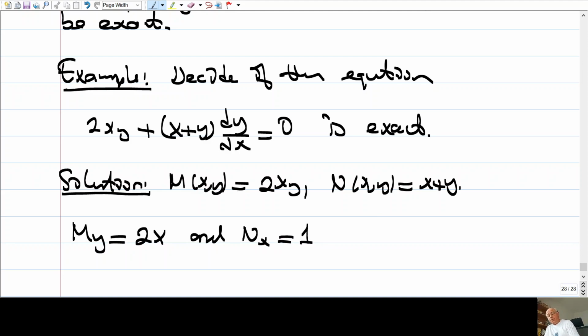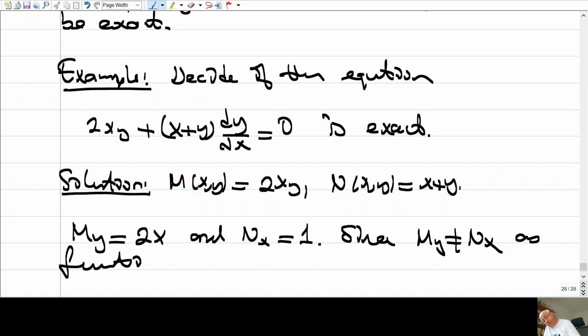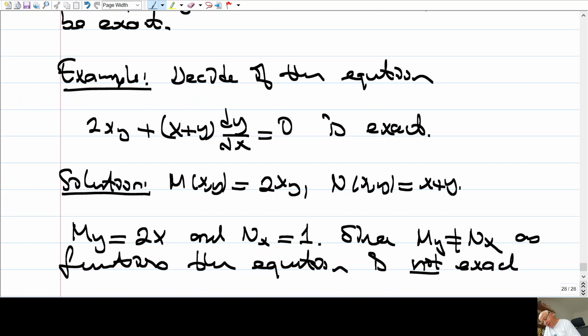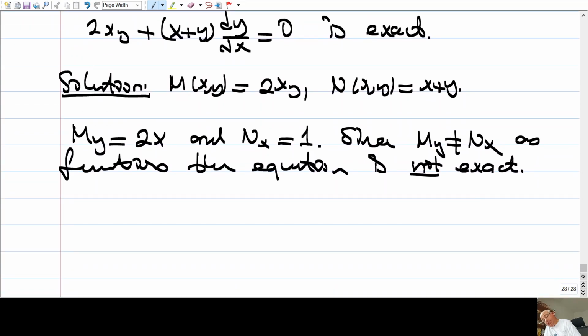And these functions are not the same, since m sub y as a function is not equal to n sub x as a function. The equation is not exact. Okay. All right.